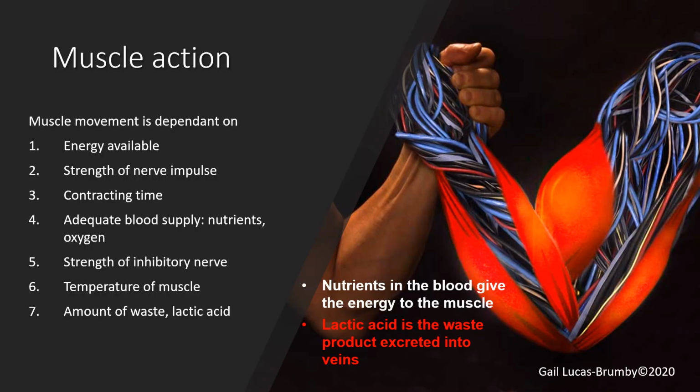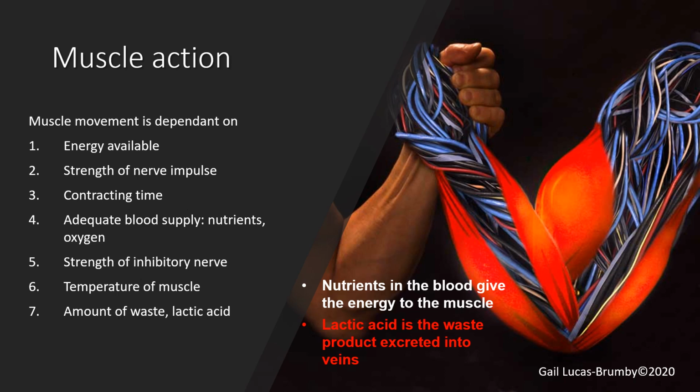A muscle action or movement of a muscle is dependent on the energy available, the strength of the nerve impulse, the contracting time of a muscle. If we don't have adequate blood supply, then the nutrients and oxygen are not getting to that muscle, so we need to have lots of good nutrients for muscle action.